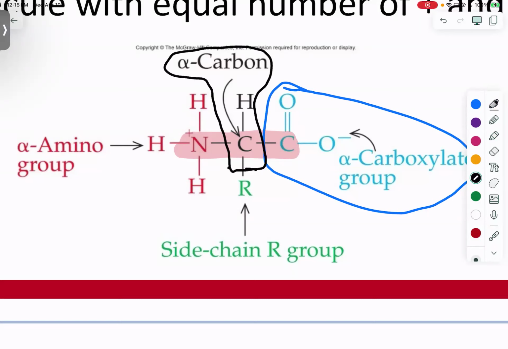The alpha carbon is the chiral carbon, because the carboxylate carbon can't be chiral because it has a double bond. So the alpha carbon has to be the one with the chiral center, and that's the one that has the R group. And you have the handout, you grabbed one, that has all of the amino acids posted.